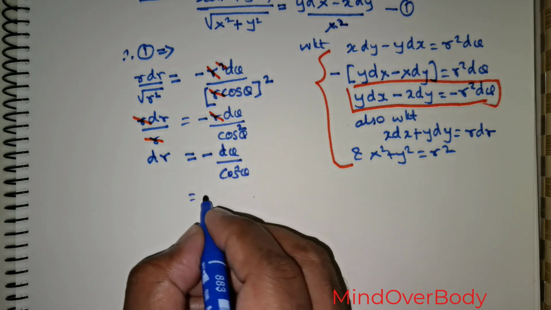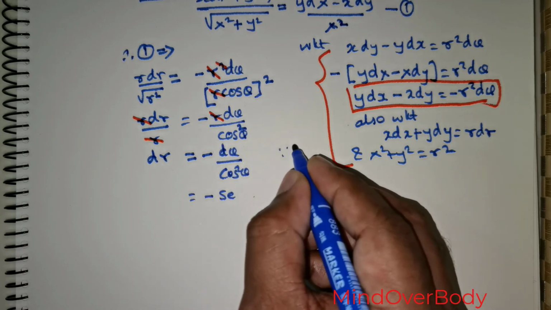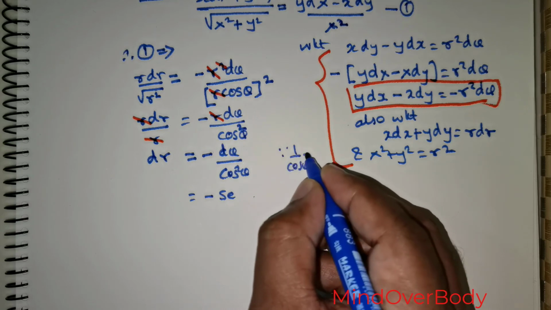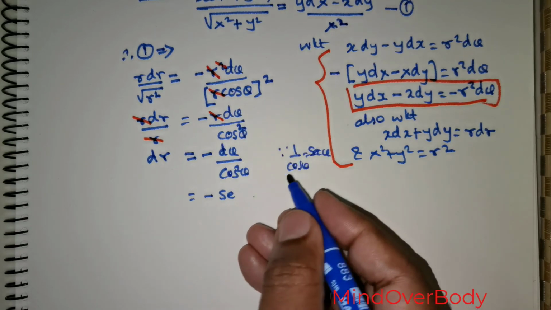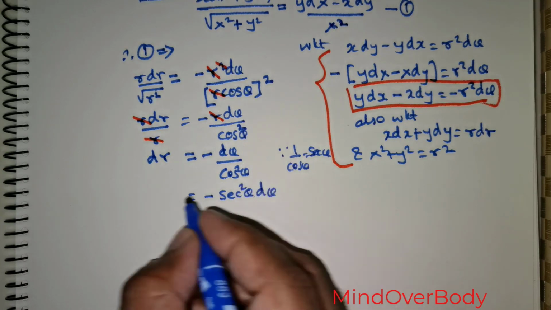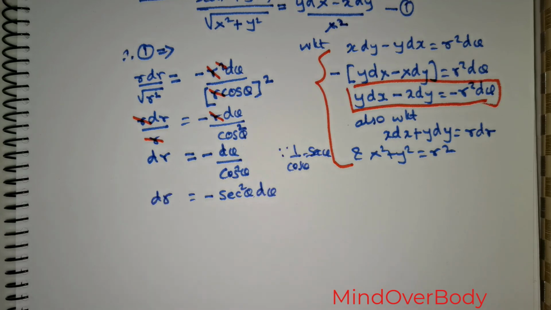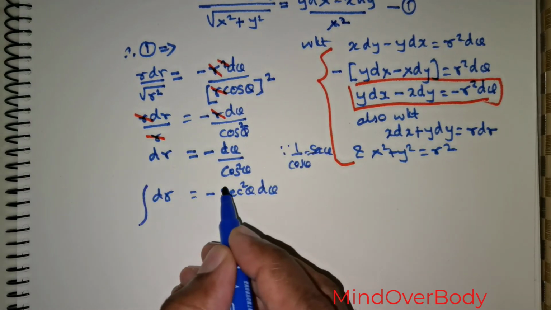Now this is nothing but secant square theta, right? 1 over cos squared, since 1 over cos theta is secant theta, so 1 over cos square theta will be secant square theta. So this is negative secant square theta d theta, and this is my dr. So I will integrate both sides.